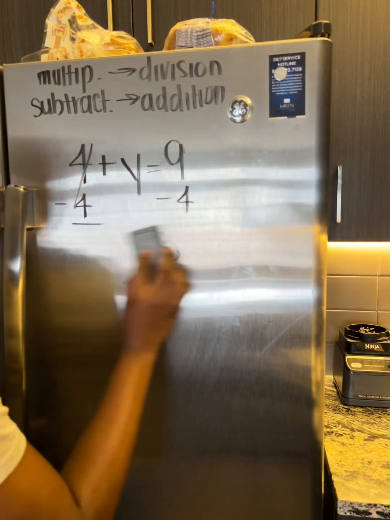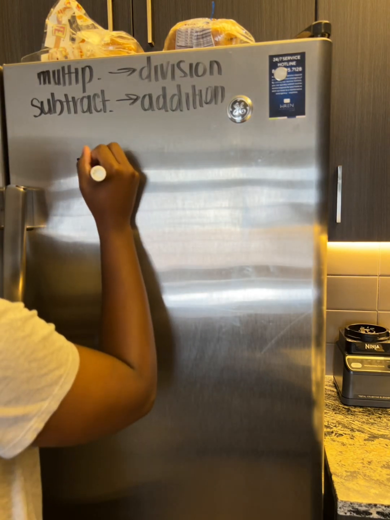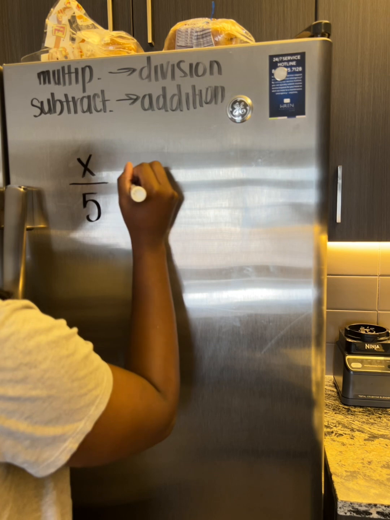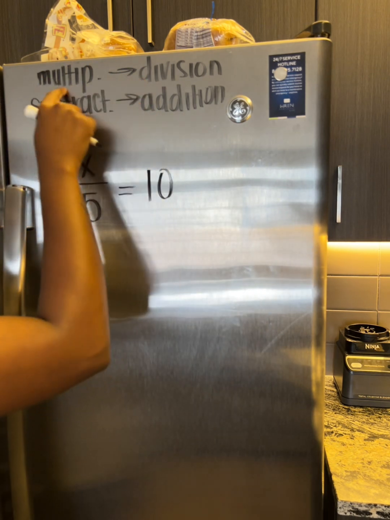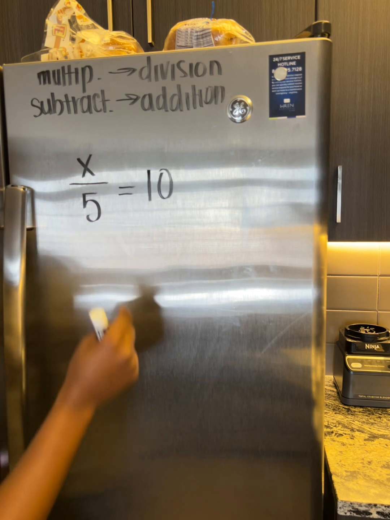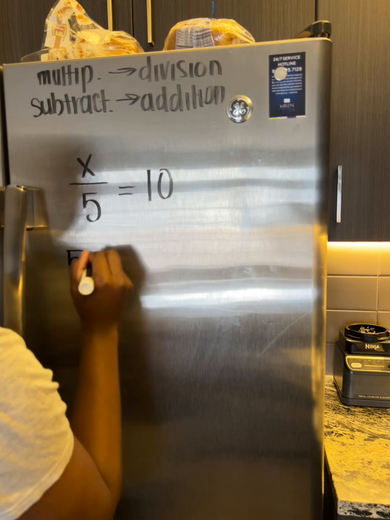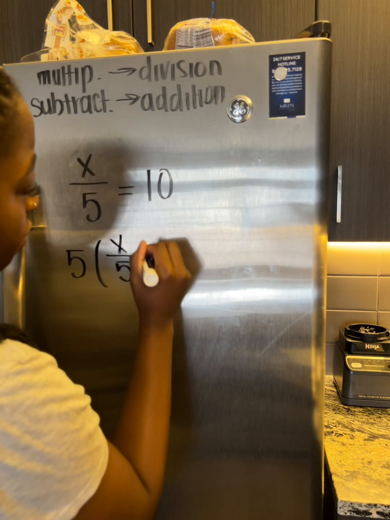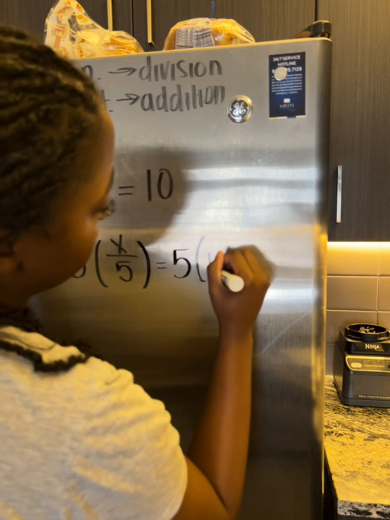Truly, surely, and truly. And our last 1-step example is a division one. So x divided by 5 equals 10. Now, the opposite of division is multiplication. I need to multiply both sides by 5. So let me do another line. So 5 times x over 5, and then 5 times 10.